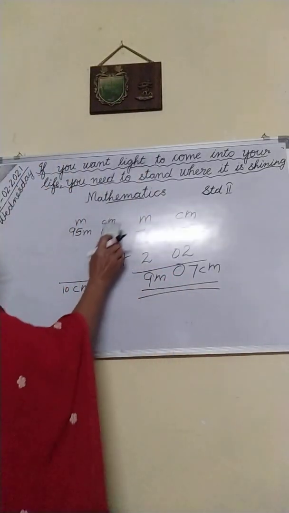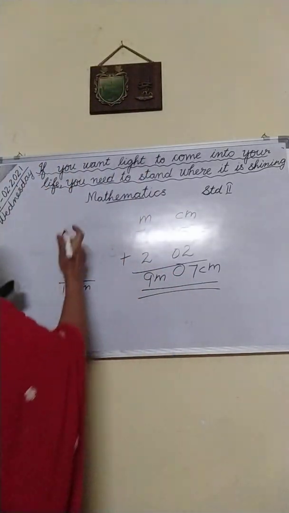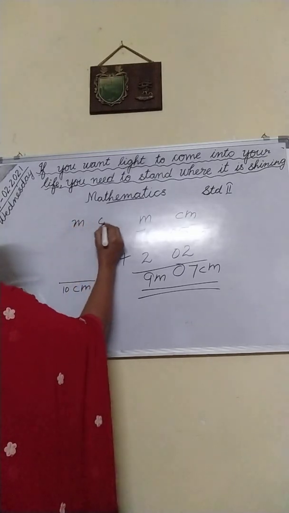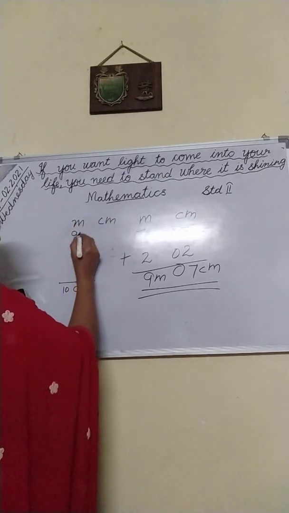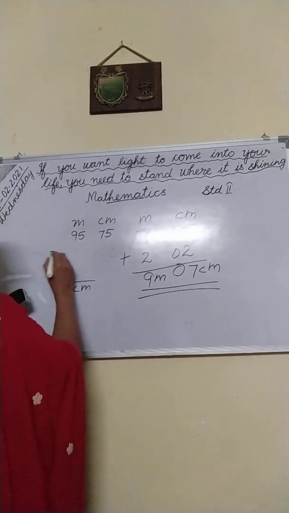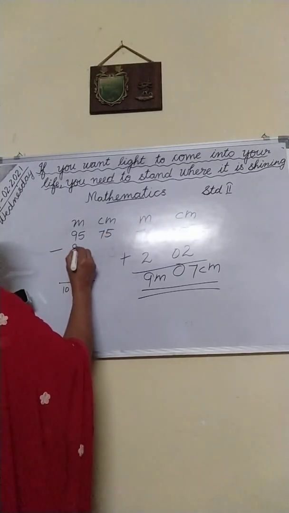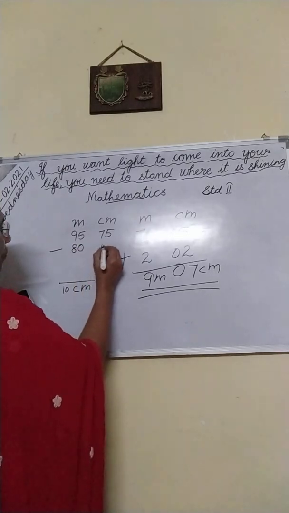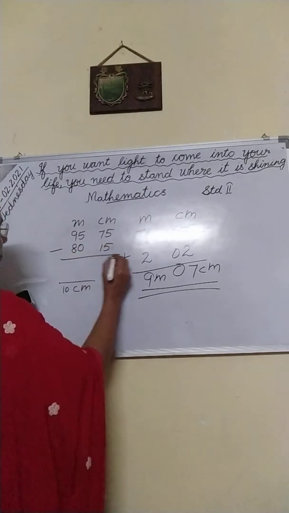Okay. Now I'm going to write your meters and centimeters: from 95 meters and 75 centimeters minus 80 meters and 15 centimeters.